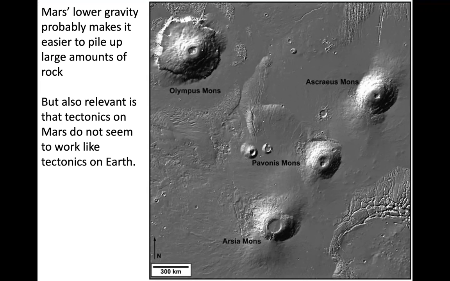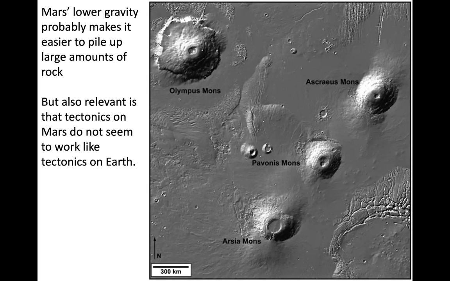The gravity on Mars is not that extreme, but it is less than the gravity on Earth. That means that it's easier to pile stuff up because you have less weight pushing things down to try and flatten things out. So this helps in creating very tall, big structures, but that's not the whole story.